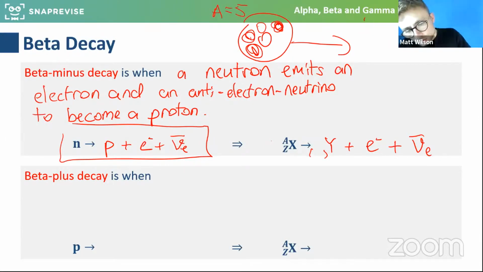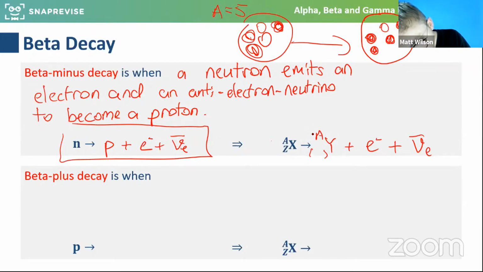Now, when we have a beta minus decay, one of these neutrons becomes a proton. So I'm drawing the protons as the kind of filled in circles here. But the number of particles hasn't changed, and that's all A was there for.